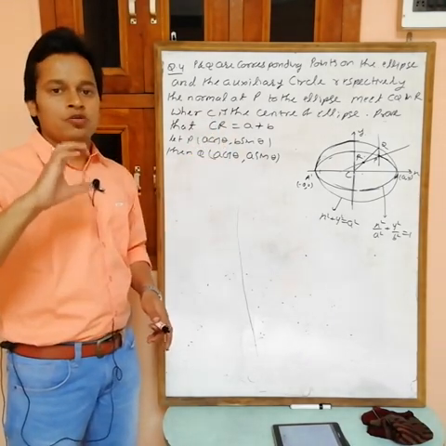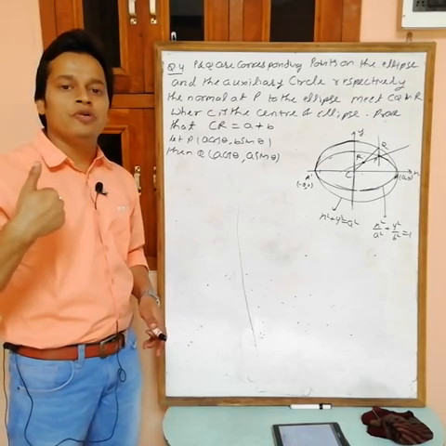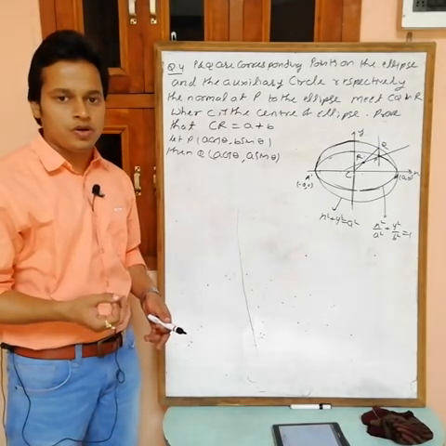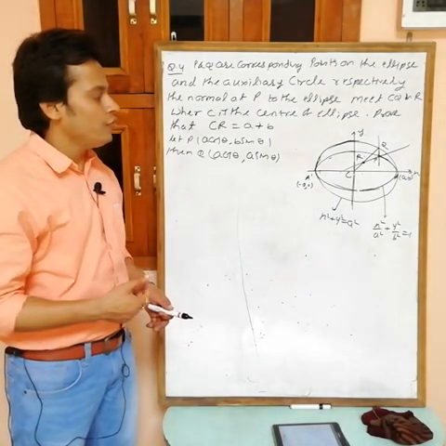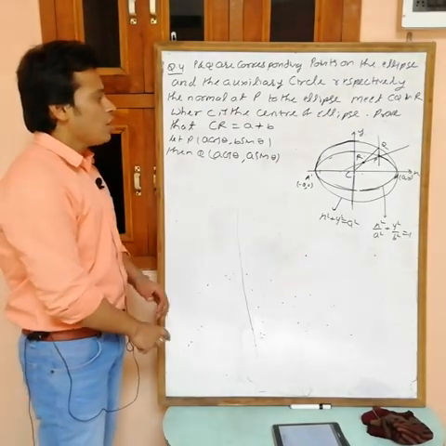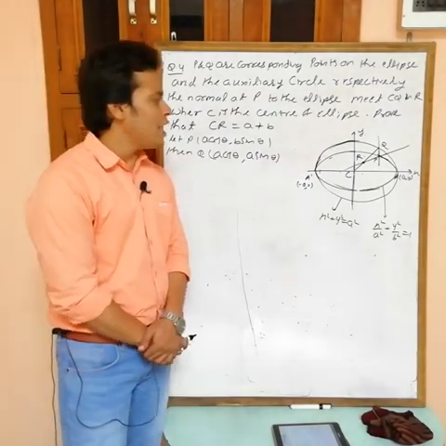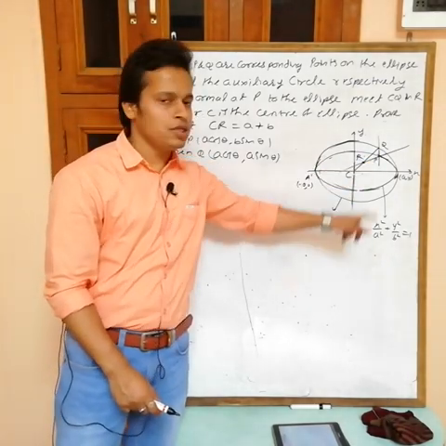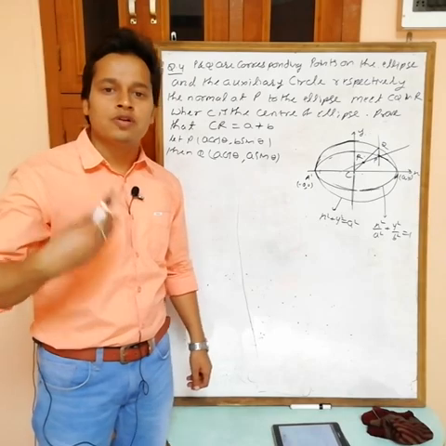To get the length CR, what do we want? We want the coordinates of R, because the coordinates of C we already have, 0, 0. Then after getting the coordinates of R, I can use the distance between 2 points. So how to get the coordinates of R? Actually R is the point of intersection of the normal and CQ, and I can find the equation of both lines.